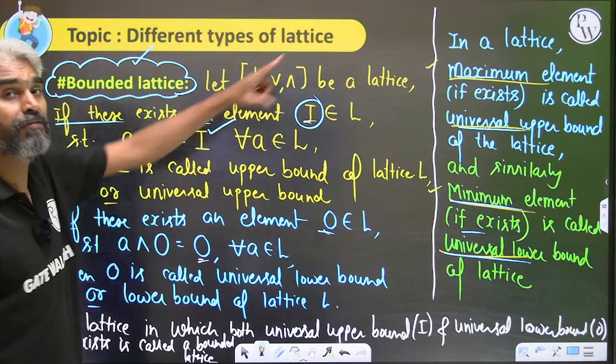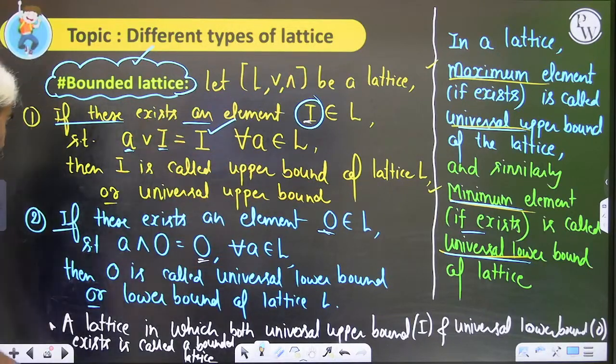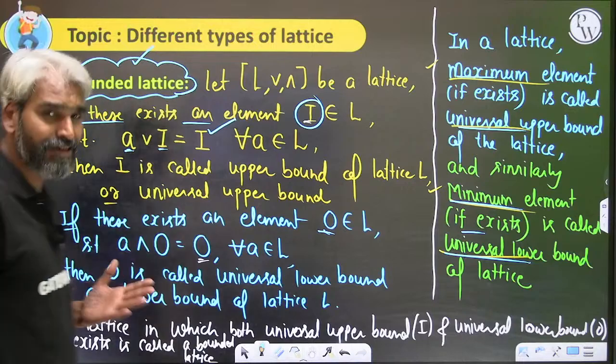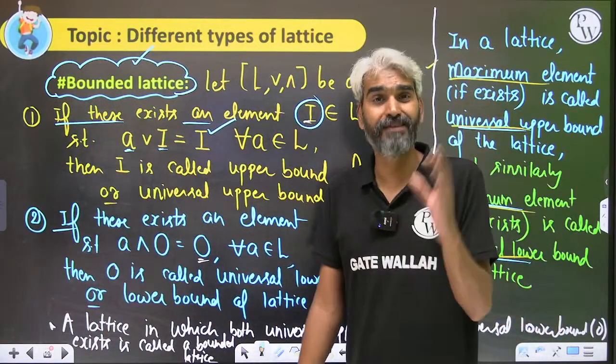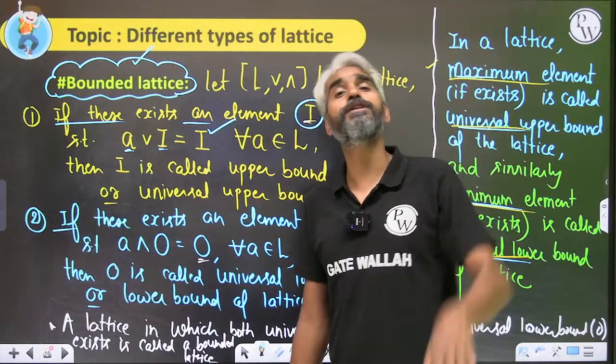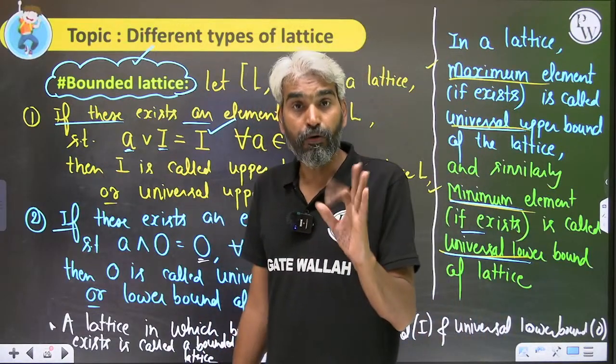Basically, I is nothing but the maximum element, and O is nothing but the minimum element of the lattice. Now, a lattice in which both the universal upper bound as well as the universal lower bound, that is, both maximum as well as minimum element, exist, will be called a bounded lattice.